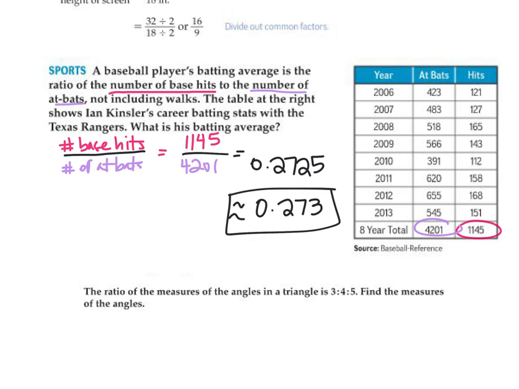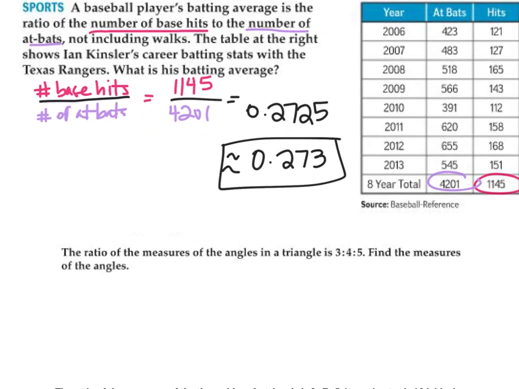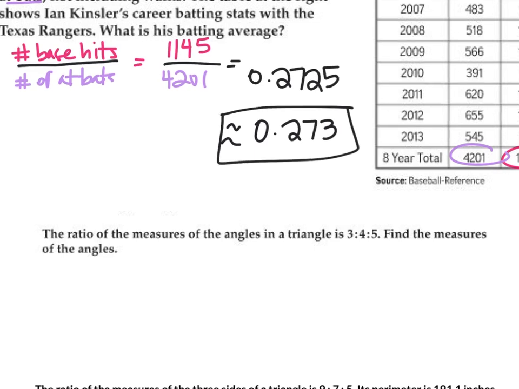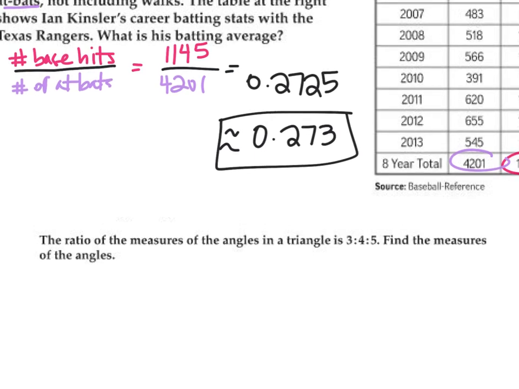Okay, so moving forward, we have our next example. So we want to look at the ratio of the measures of the angles in a triangle. Okay, we're told it's 3, 4, 5. Okay, we want to find the measures of the angles. Well, in order to do that, we're going to think about a triangle. So we know that the ratio of those angles is 3, 4, 5.